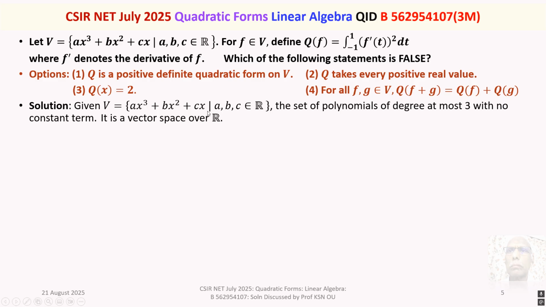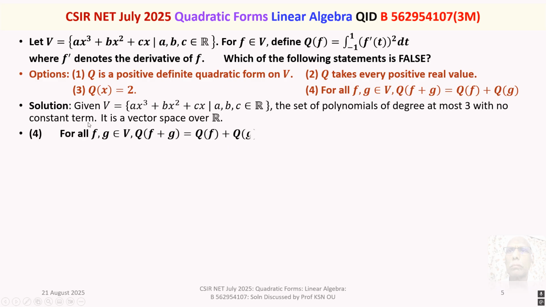Observe here, the polynomials do not have ax cube plus bx square plus cx only, actually plus d, the constant term must be there. But it is not given here. So V is a set of all polynomials of degree at most 3 with no constant term. Still, it is a vector space over R.